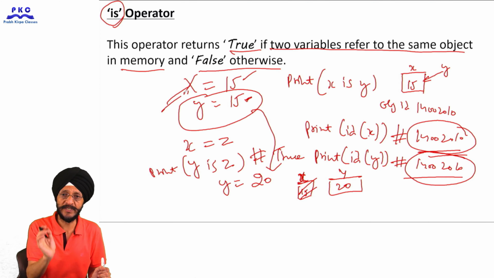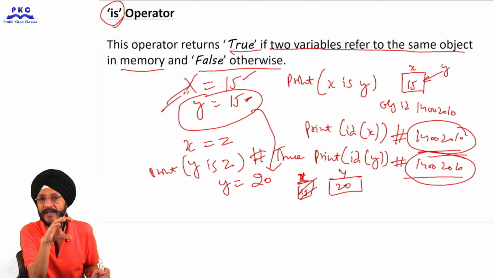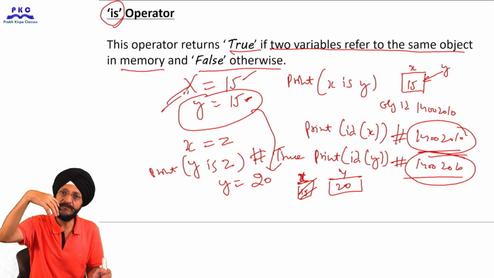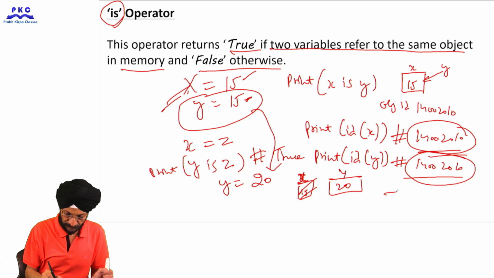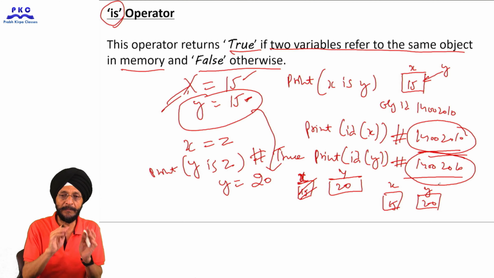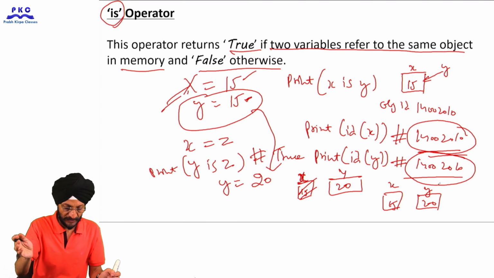Now when you change the object contained in variable y, the memory location will be different. That is, this is x with the 15 object, and y will refer to another object, and the memory address of both x and y will be different.